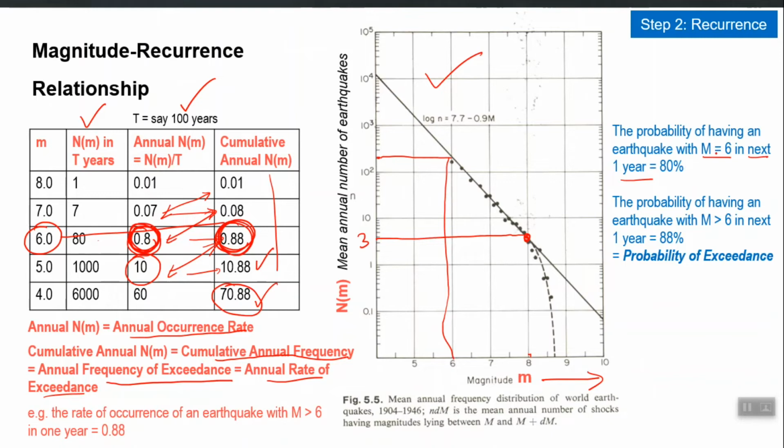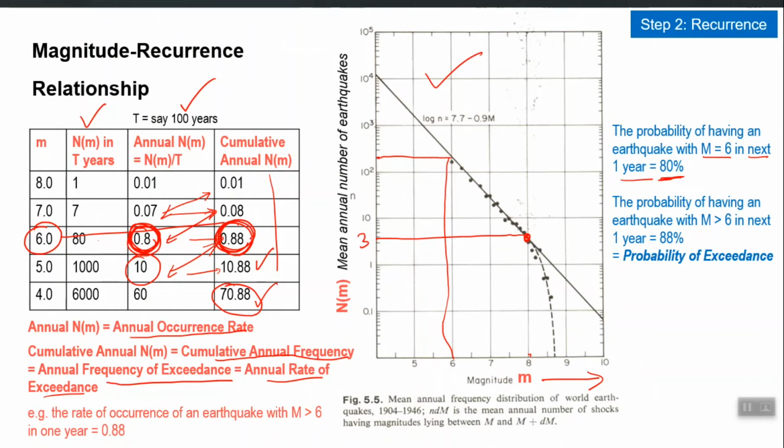So I can simply say that the probability of having an earthquake with magnitude 6 in the next 1 year, because it is the annual number, is 80%, 0.8. But the probability of having an earthquake with magnitude 6 and above is 0.88, which is 88%.